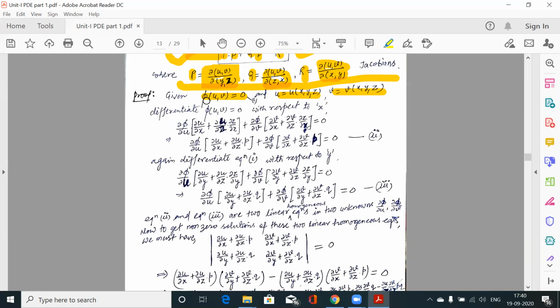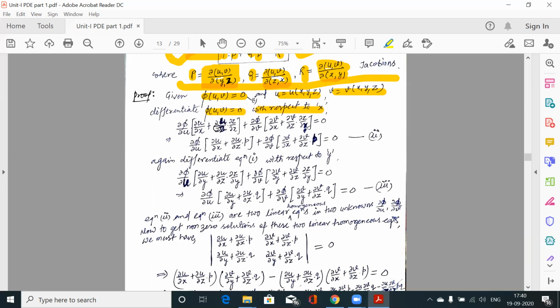What was our process? We differentiate it with respect to x, with respect to y, and by these two equations we try to eliminate phi. So differentiate this equation, whatever is given to you, phi(u, v) is equal to 0, with respect to x.